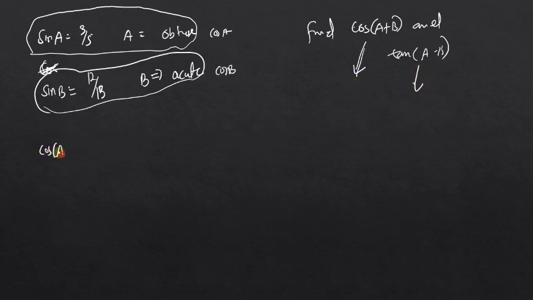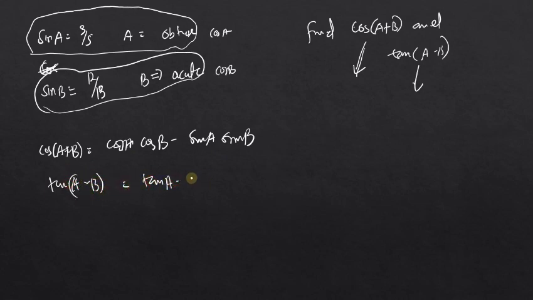So cos of A plus B will be equal to cos A cos B minus sin A sin B. Then tan of A minus B will be equal to tan A minus tan B all over 1 plus tan A tan B, right? So you input them and then you get some values, and that's your final answer.